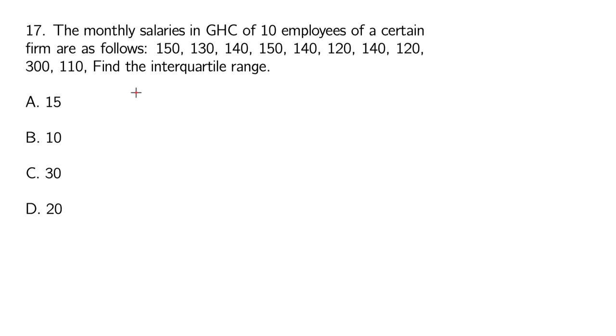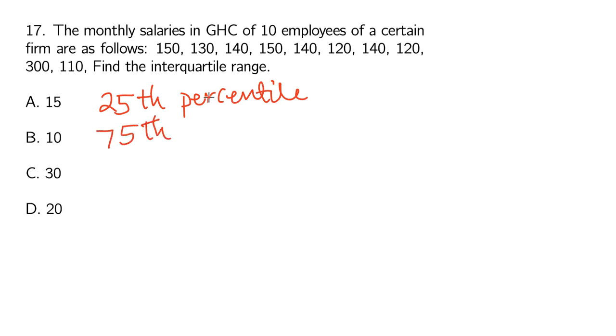The interquartile range is the difference between the value at the 25th percentile and the 75th percentile, which are also known as the lower quartile and the upper quartile. So we need to find these two values and find their difference.